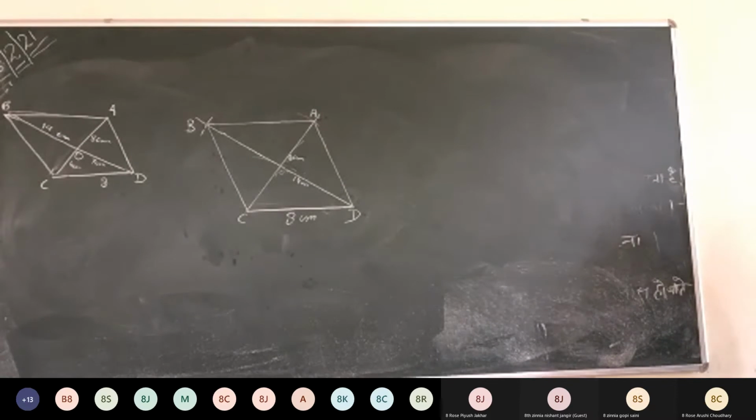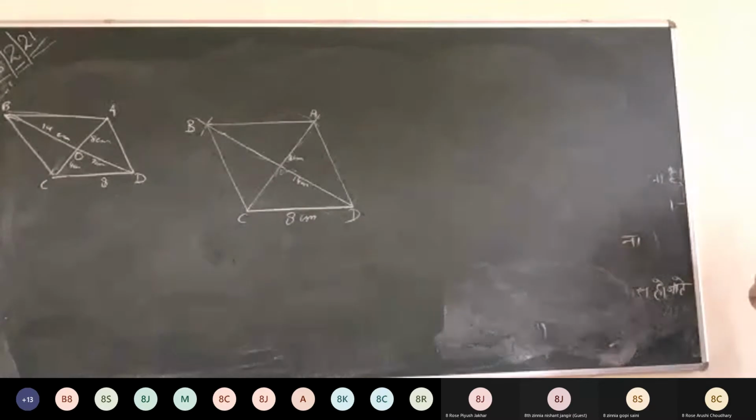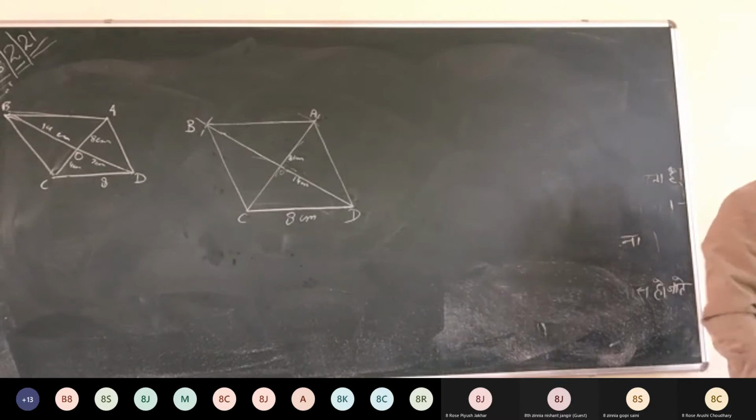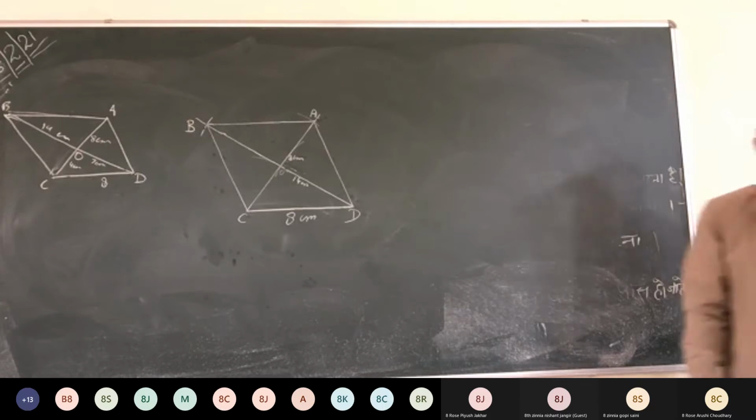Draw the next one. Fourth one, how to draw. Here as well, two diagonals and the angle contained between them is given.